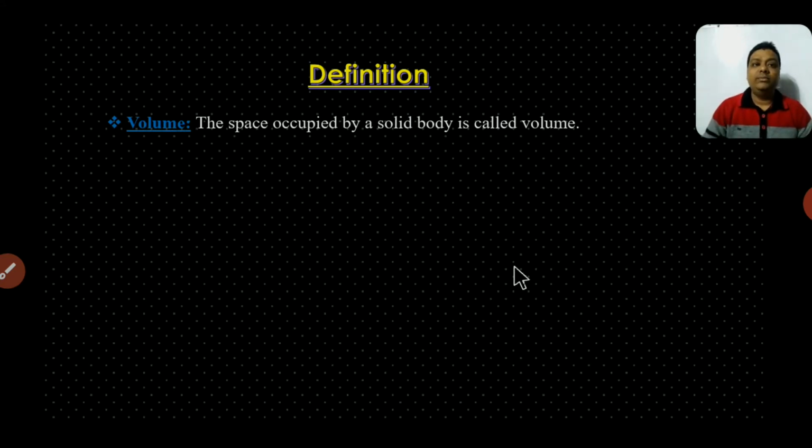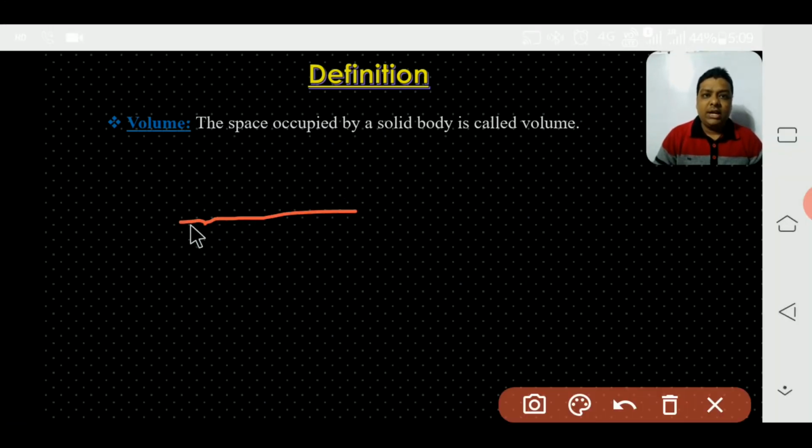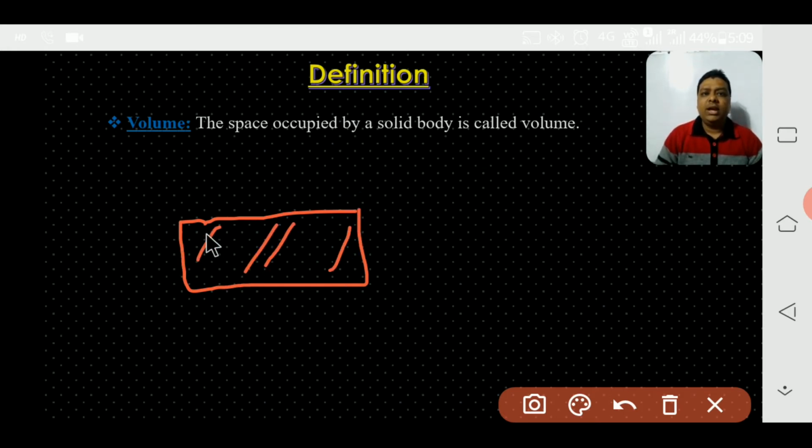If you take a rectangle, like a page, and keep many pages one upon another, they form a cuboid.